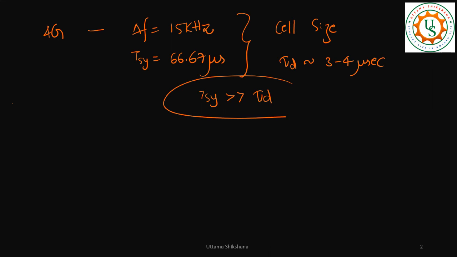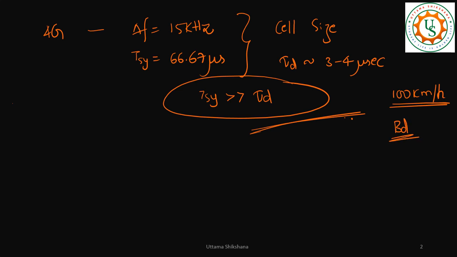The condition is satisfied. We also mentioned that 4G supports up to 100 kilometer per hour, and even considering this, the Doppler spread was well within the given 15 kilohertz.